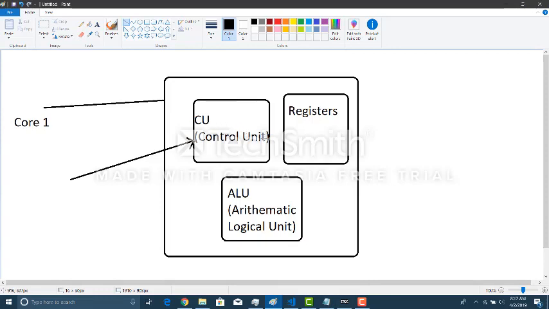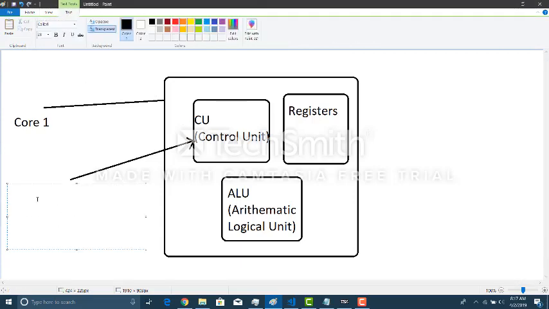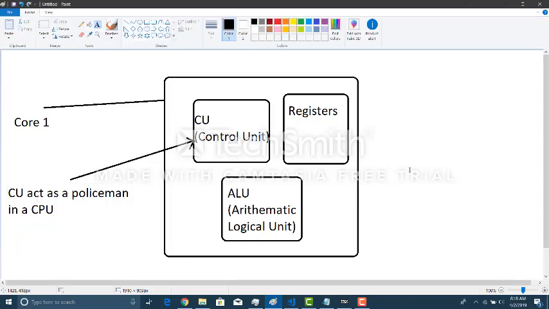So the control unit is the policeman, the traffic manager in the CPU. The CPU is the central processing unit, and you now know its principal components: CU, registers, and ALU.